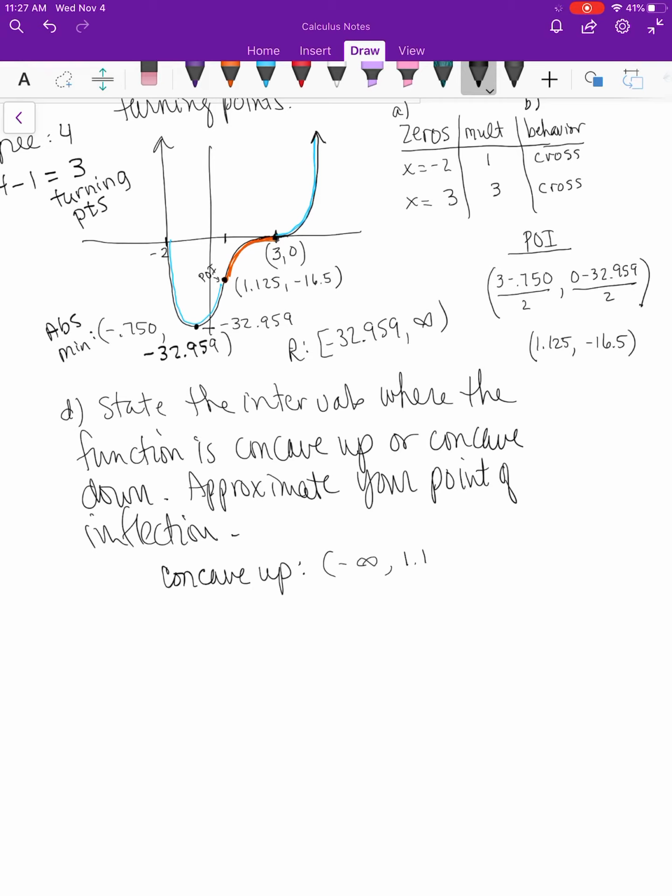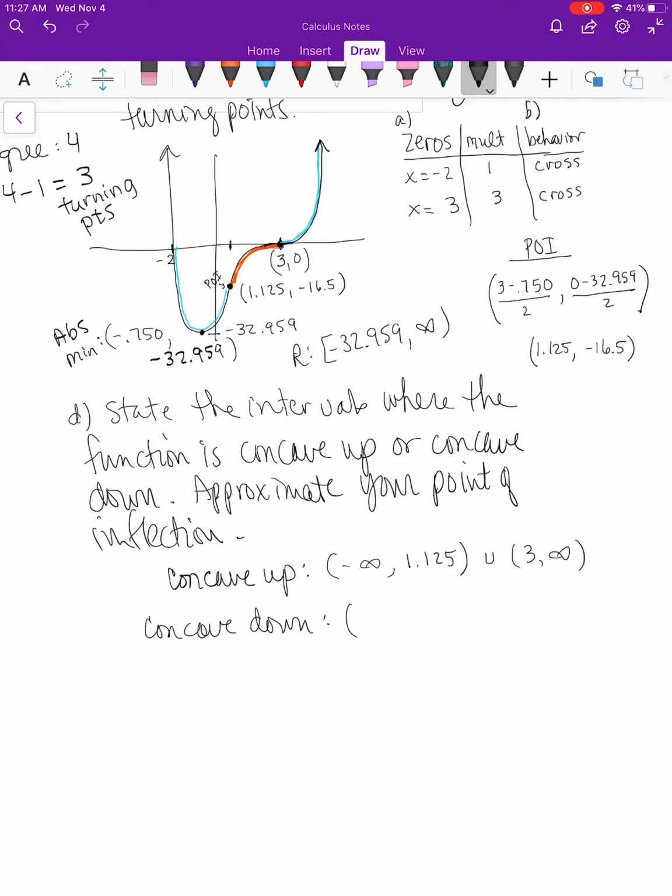We are going to be using, because it's going to be concave up from negative infinity to this x value, which happens to be your 1.125. It's also concave up from 3 to infinity. Concave down is from 1.125 to 3.